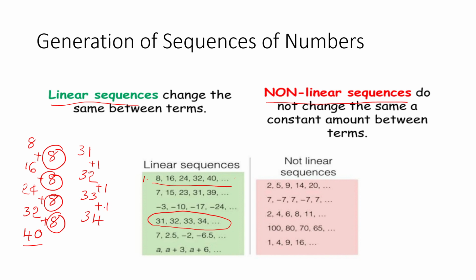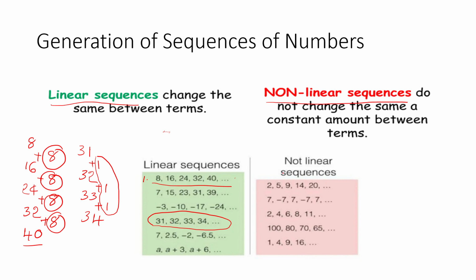So here also you can see that between every two elements, the change is constant, and that change is 1. I have just taken two examples. From those two examples, I hope you understood what is a linear sequence. Anyway, the other examples we will also see in the next slide.